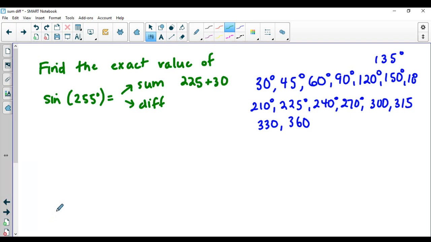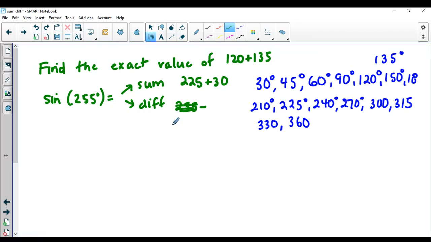Let's see what else. 255 minus 120 is 135. Sorry, I was doing sum. So another option for sum would be 120 plus 135. That's another option for sum.